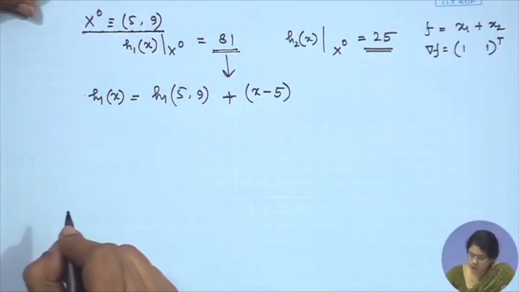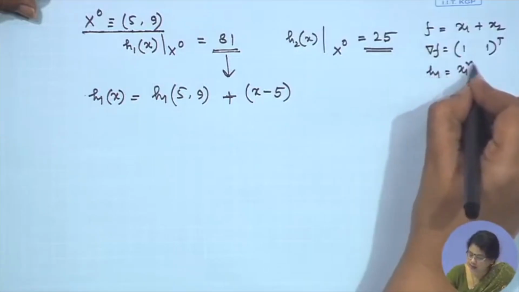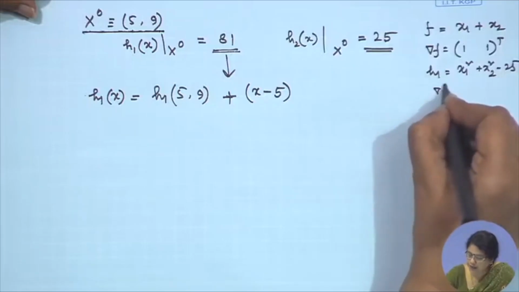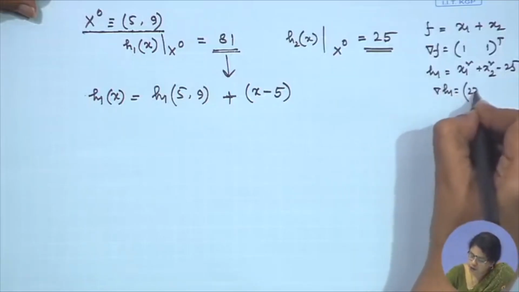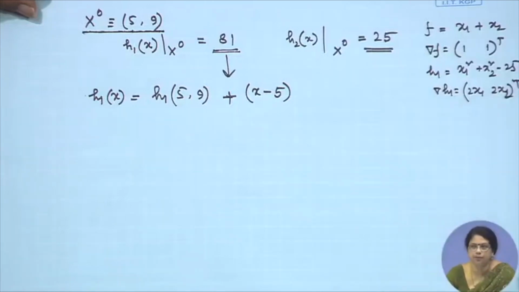Now, h1 is x1 square plus x2 square minus 25, so grad of h1 would be (2x1, 2x2) transpose. Clear?